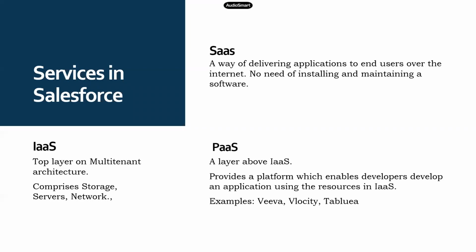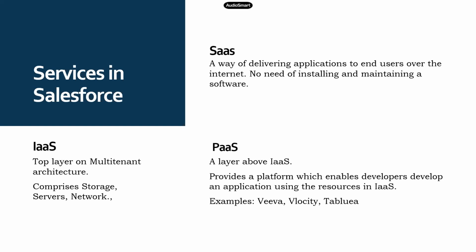And finally we have the SaaS layer, which we are mostly aware of or working with. In Salesforce, any CRM application that we build, all the developers are just using the SaaS capability of Salesforce. That means we use Salesforce and build software for the client, and clients can start using it without having any application installed in the system.